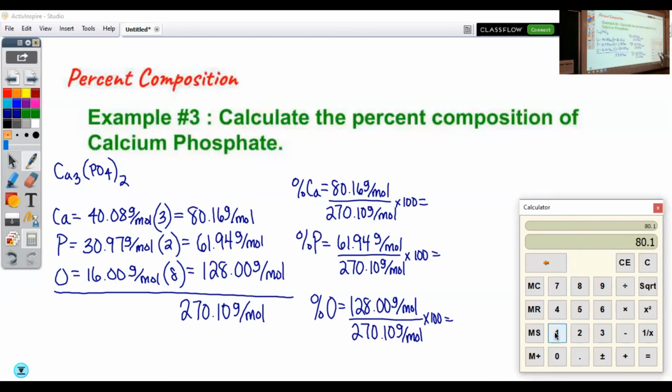So 80.16 divided by 270.10 times 100 equals 29.68. Keeping 2 decimals for all of these, that's percent calcium. 61.94 divided by 270.10 times 100, that equals 22.93%.